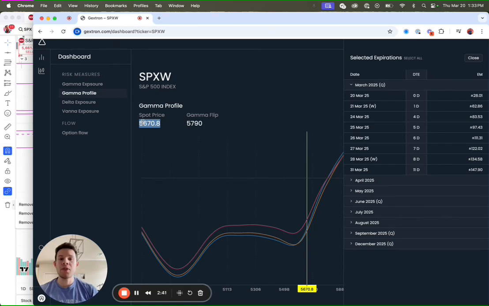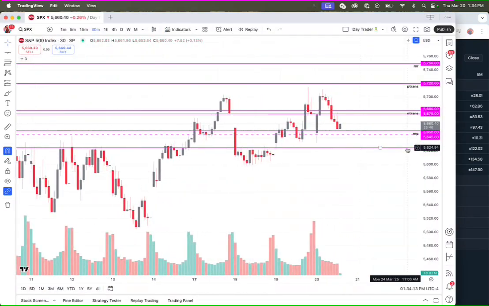And so what we do with that information is add it to our chart. You could add this to your favorite charting tool. All I do is grab this number, 28.01, add it to 5670, and subtract it as well. So we're going to go here to the charting tool.